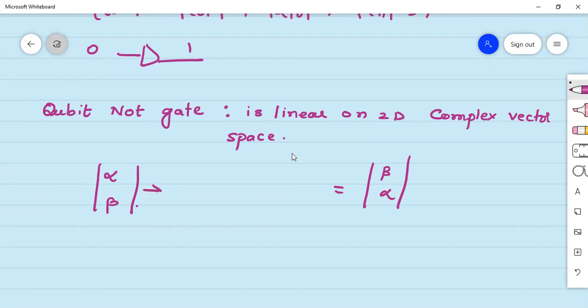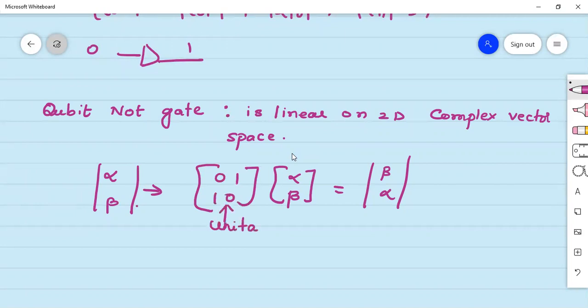So how will you derive beta alpha from alpha beta? You have to multiply alpha beta with something. What is that something? You can use a unitary matrix. What do we mean by a unitary matrix? If you have a matrix, let's say A, when you do A times the adjoint of A, then I get an identity.